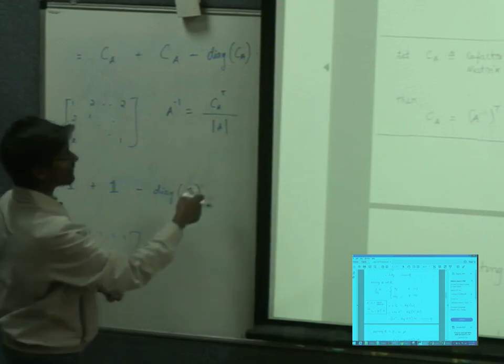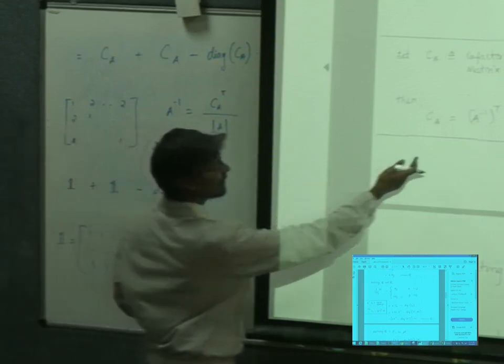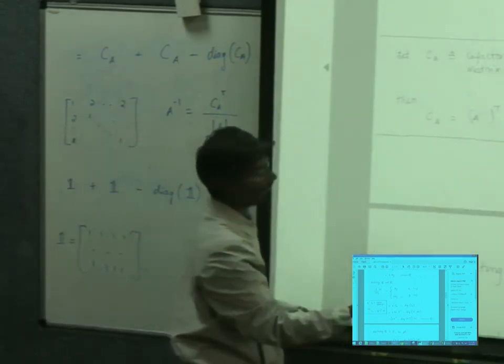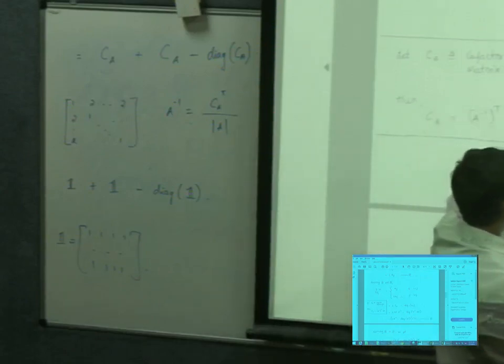So CA transpose will be equal to CA, or A inverse transpose is equal to A inverse. Using that property, we can derive this.